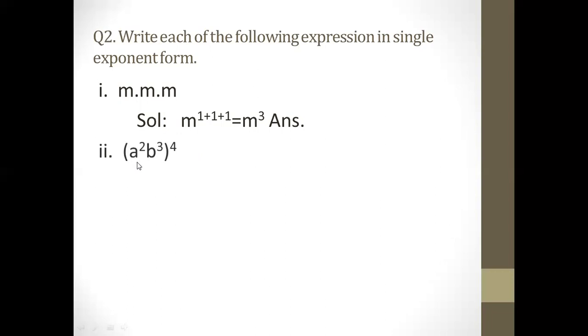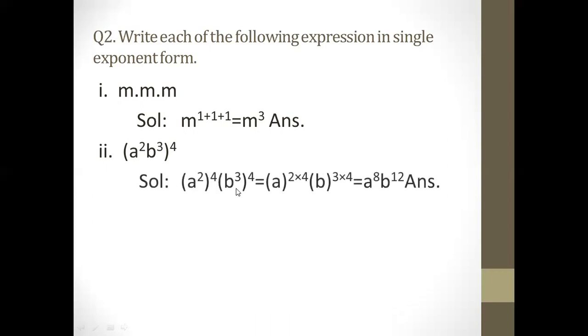Now, second, we have a square b cube with whole raised to the power 4. Here you can see we have 2 bases within the parentheses with the power. First what you have to do, you have to just distribute this power to both the bases like this.